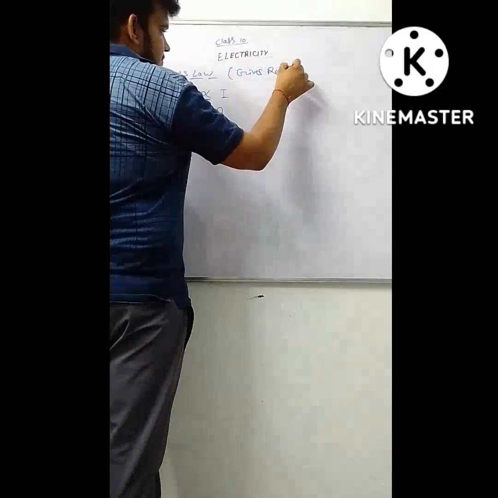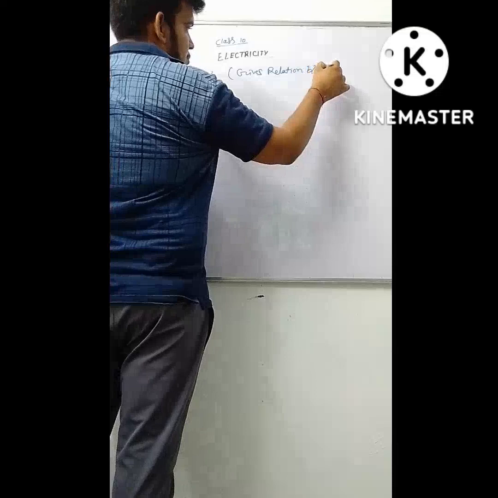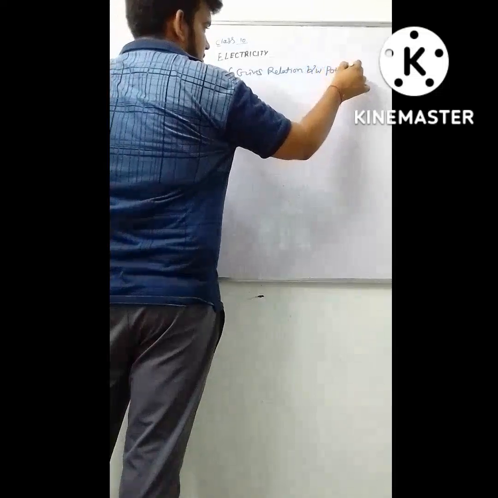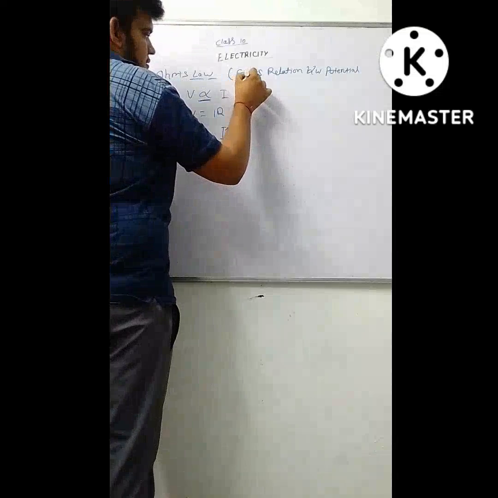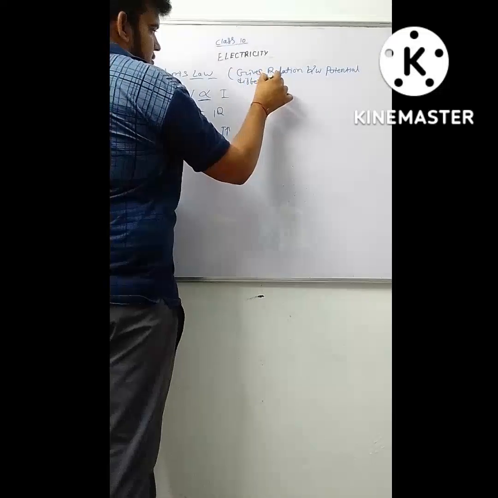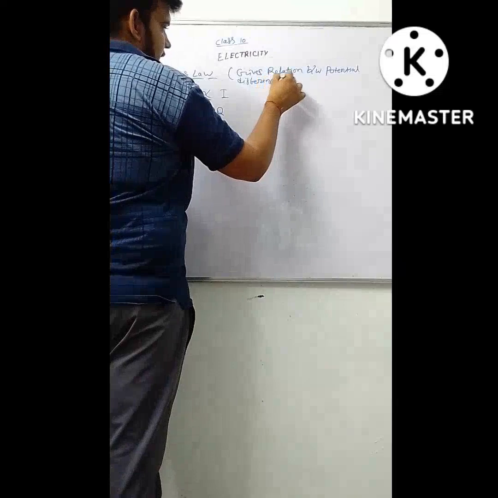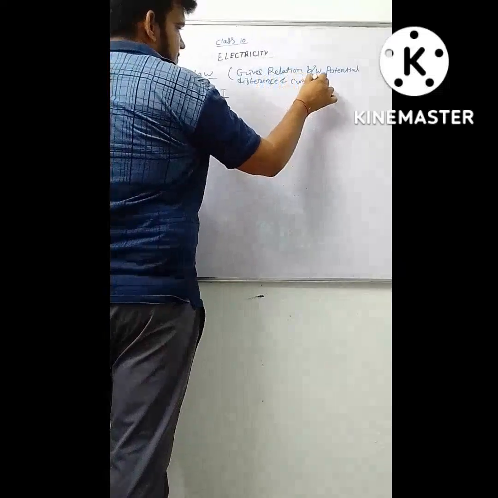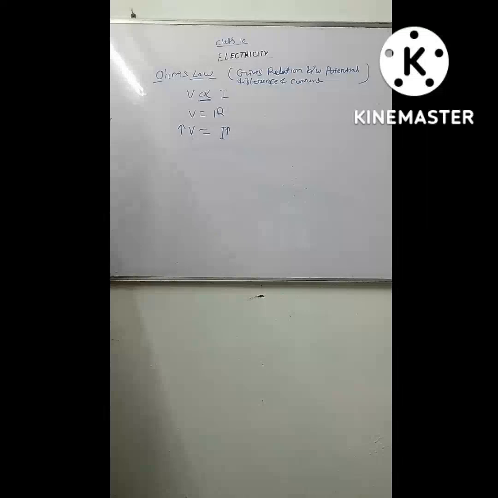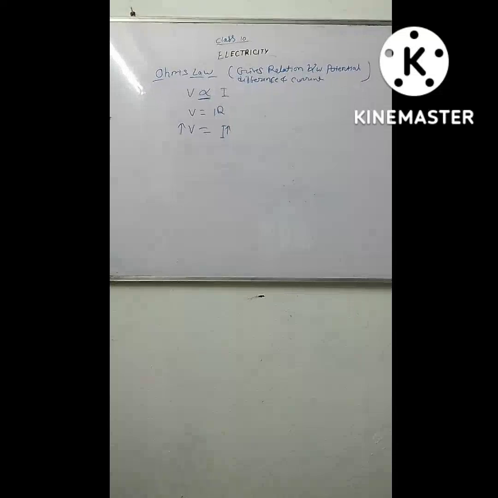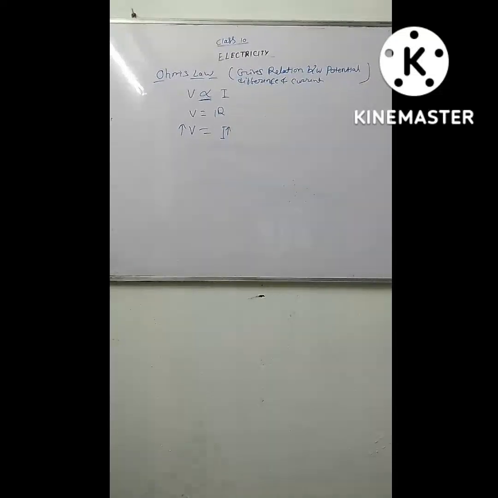Ohm's law gives the relation between potential difference and current. In this Ohm's law, we can only see how potential difference is related to current. With this formula, you can easily solve some numericals also.